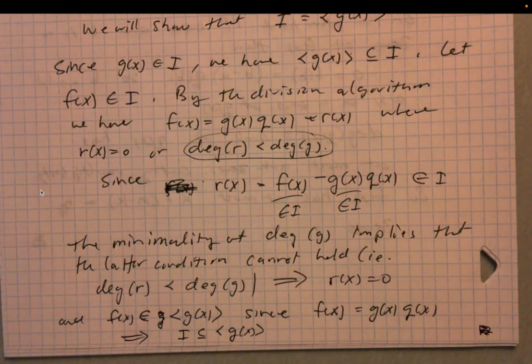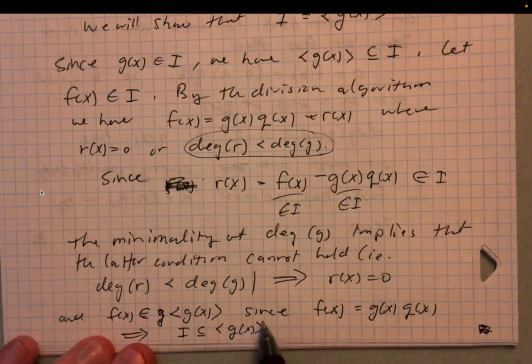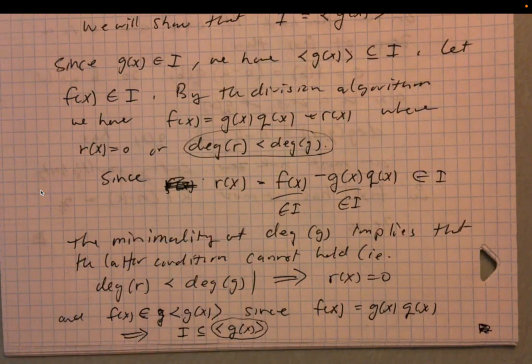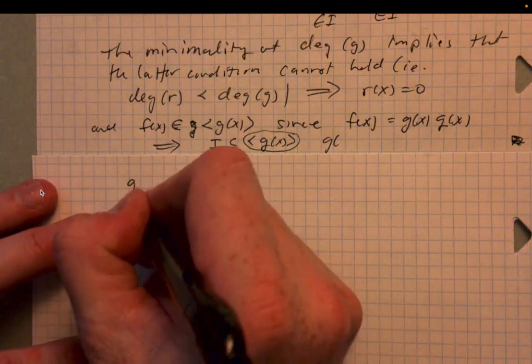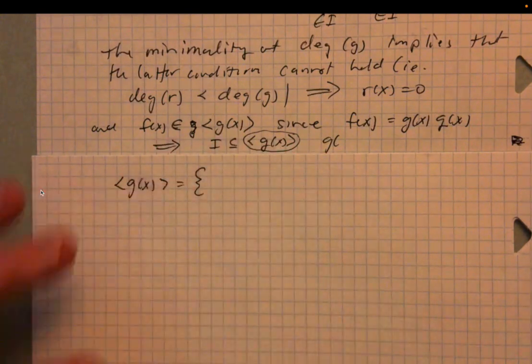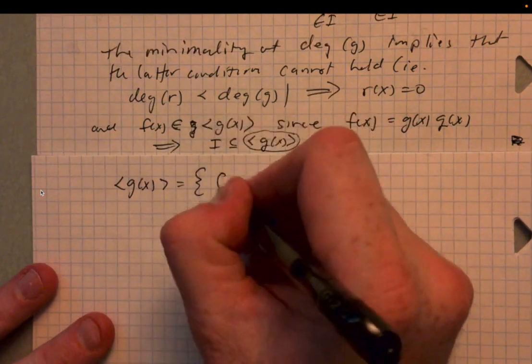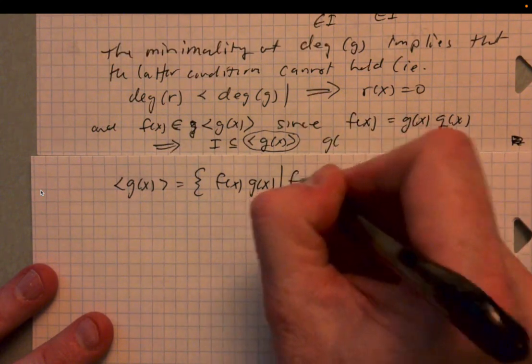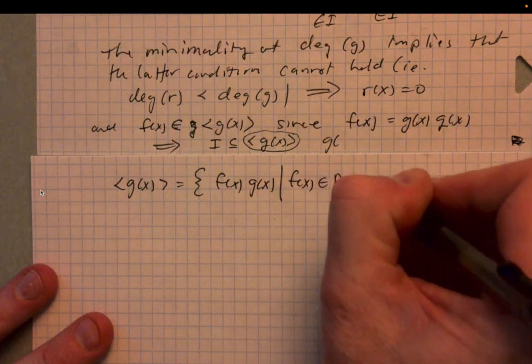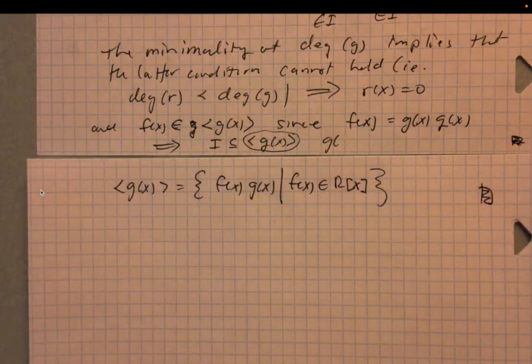Right, so F[x] is a principal ideal domain, because we just took an arbitrary ideal in this ring of polynomials over F and showed that it has to be built up in this way, using g(x).